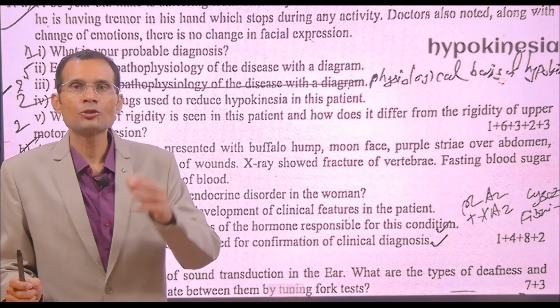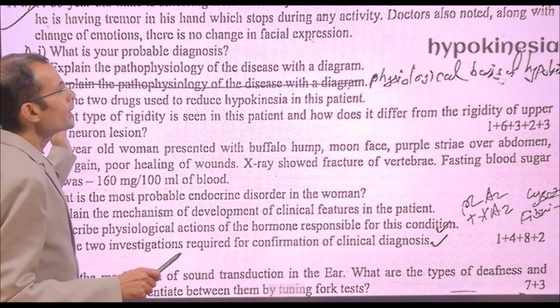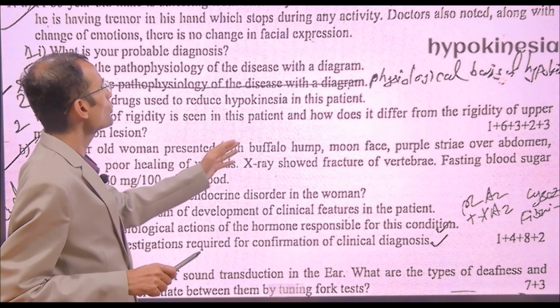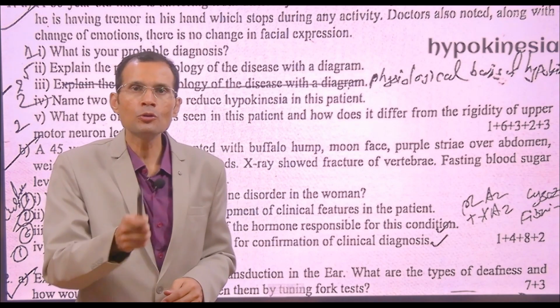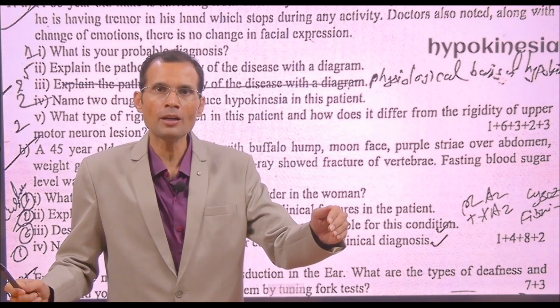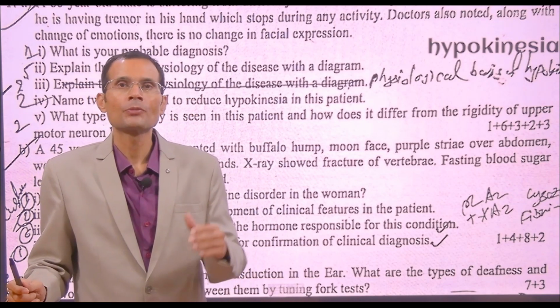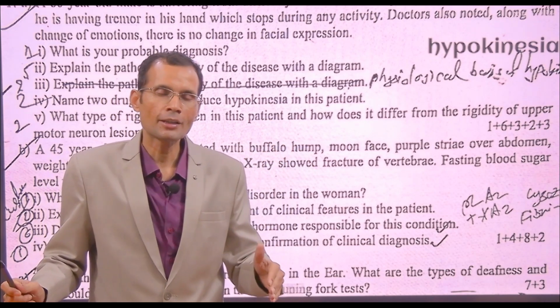Parkinsonism, then show the direct and indirect circuit by the diagram, particularly the nigrostriatal tract, and name two drugs which are used to reduce the hypokinesia. They may ask drugs at times. And you know, in Parkinsonism, you give L-dopa with carbidopa. L-dopa or levodopa, as dopaminergic neurons have been degenerated.